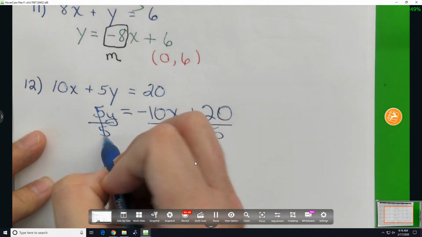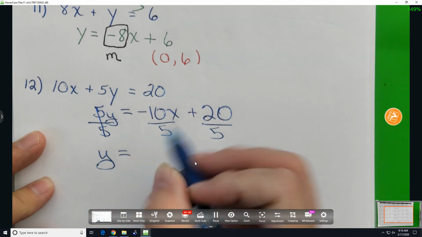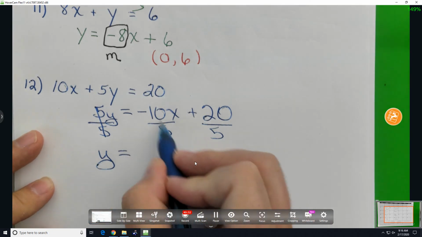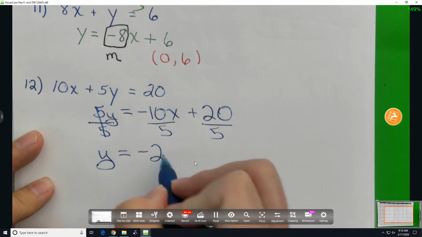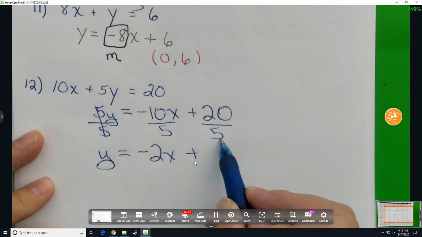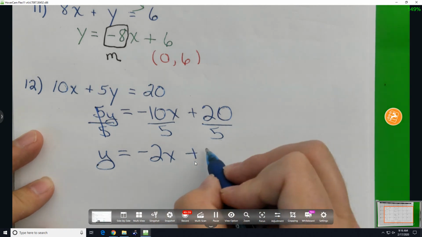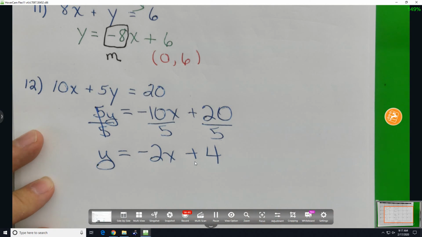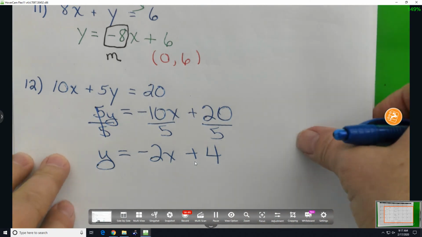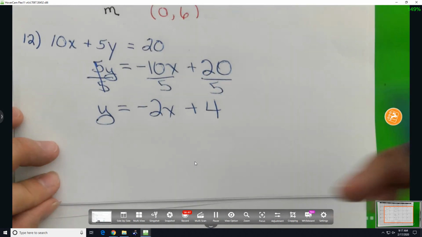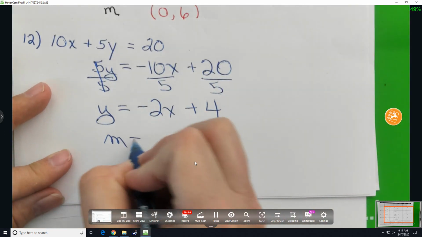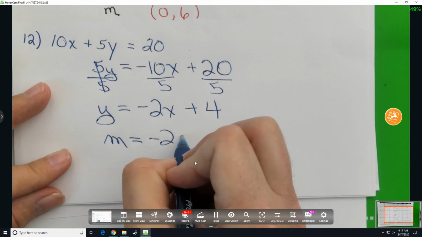To give us y equals here, negative 10 divided by 5, I agree, that's a negative 2x, plus here, 4. I want to box that in, but that's not my final answer, is it? What's the slope? Negative 2, I agree.